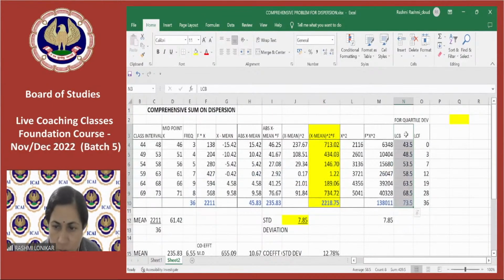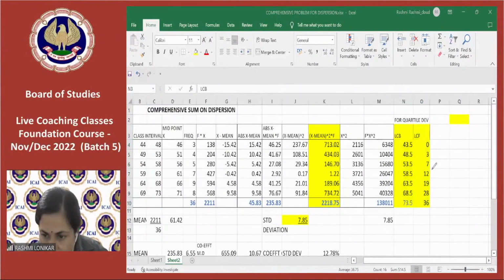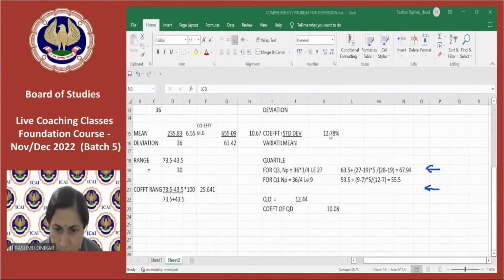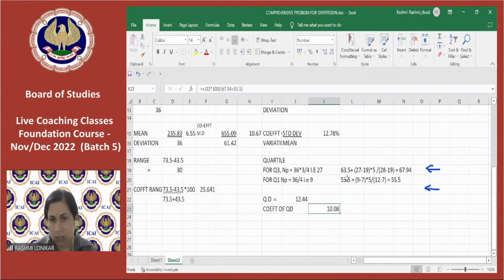These two are important for finding the quartile deviation. So 9 is going to lie here and 27 is going to lie here. You can calculate Q1 and Q3 using this, and then you will find quartile deviation as Q3 minus Q1 upon 2, and coefficient of quartile deviation accordingly. Okay, so this is all that is there.